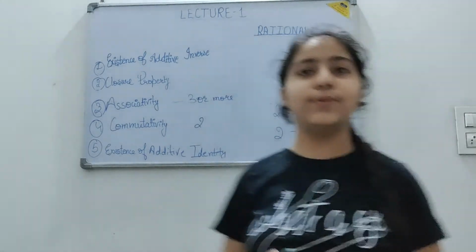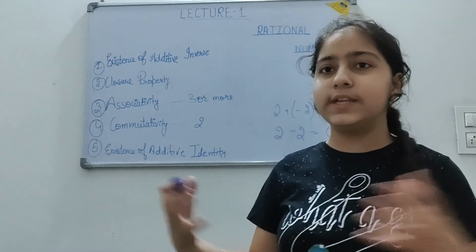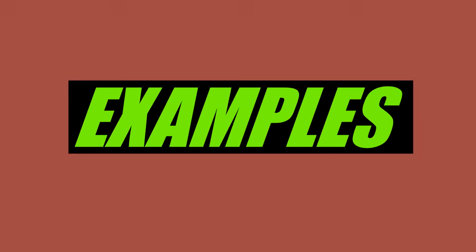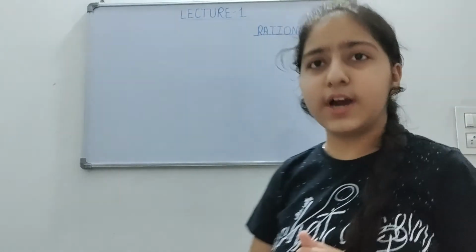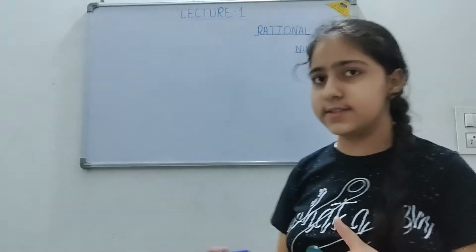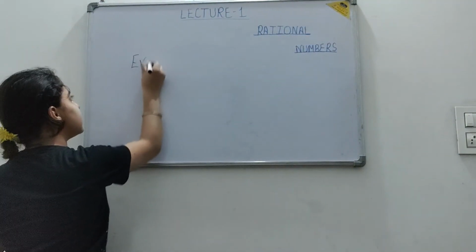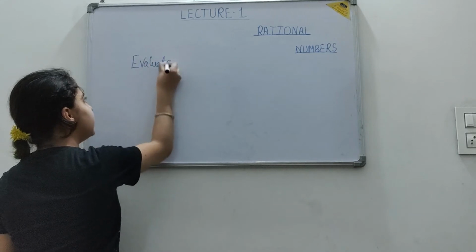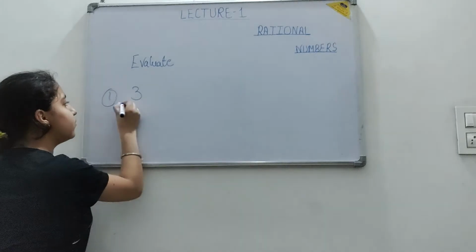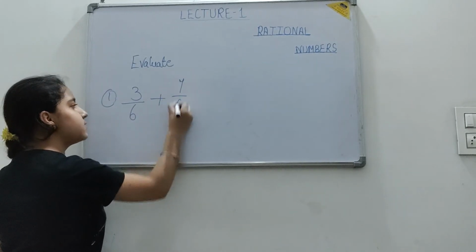And now we are going to look at some examples of sums to make these properties clear. So now we are going to take some examples in which we evaluate the sums. Sum number 1 is 3 over 6 plus 7 over 6.